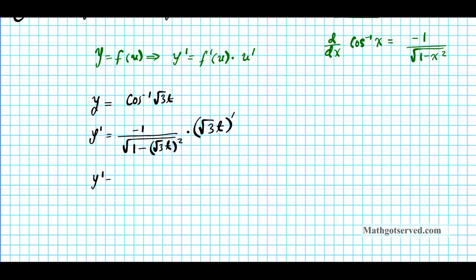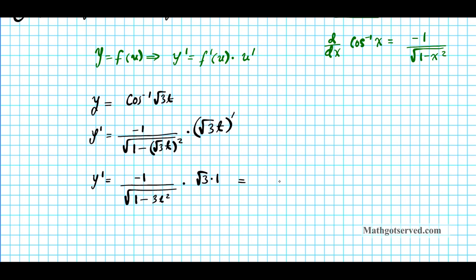We'll have y prime equals negative 1 over the square root of, if you square this, 1 minus root 3 squared, which is 3t squared, times, now if you differentiate this, we can factor out root 3, and the derivative of t is just 1, okay?